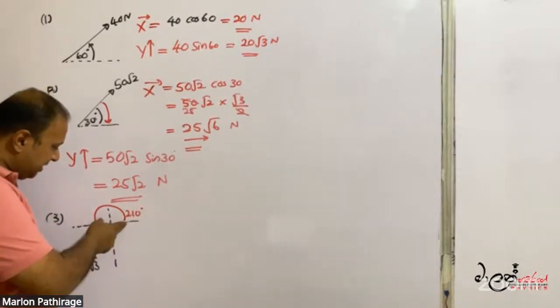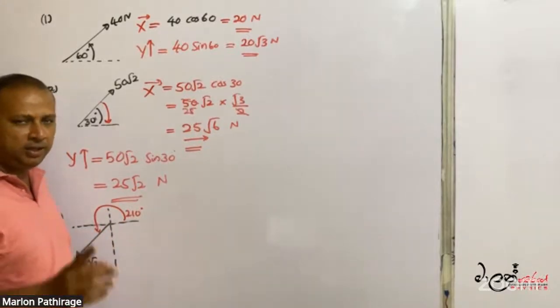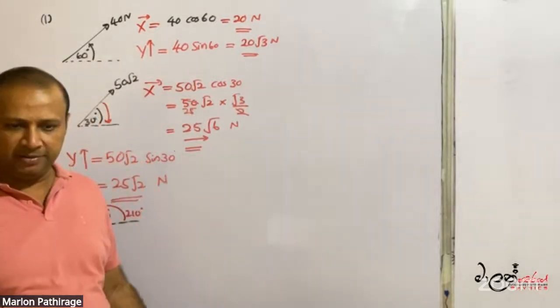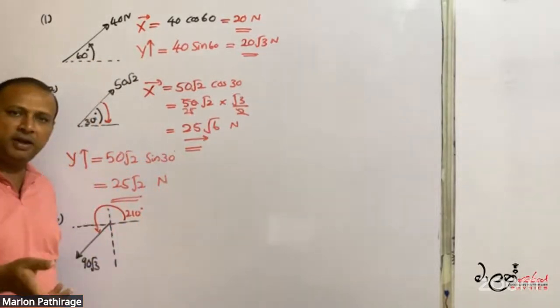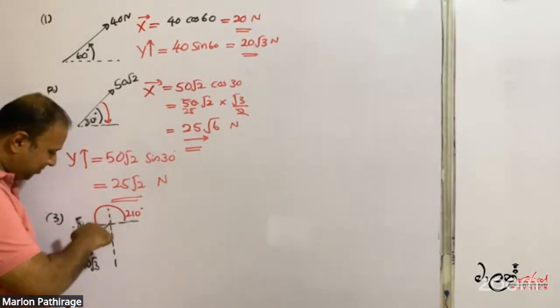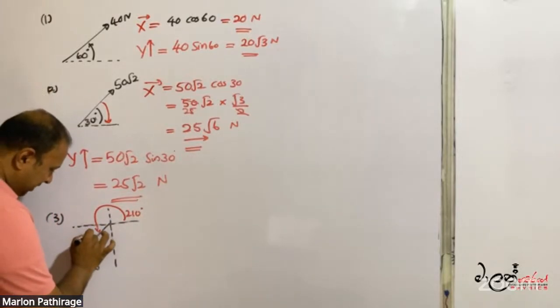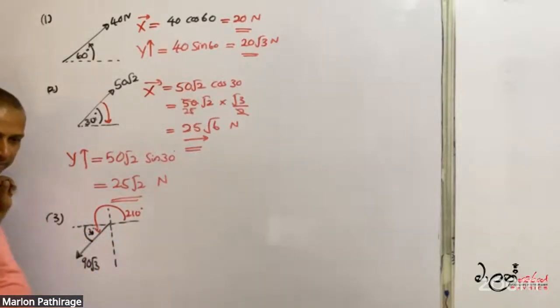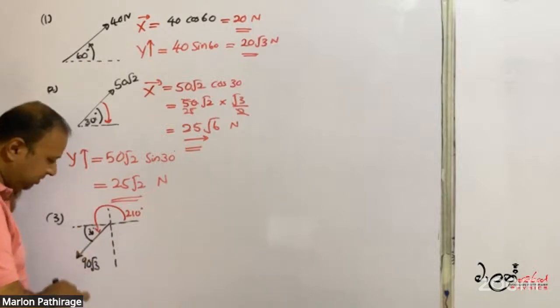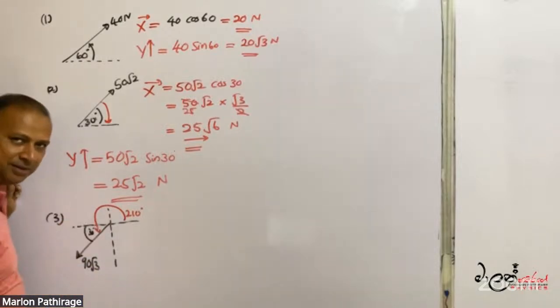So this angle is not the angle between the vector and the horizontal or vertical. Therefore, you have to determine the angle first. If it is 210, this should be 30. Therefore, first you have to determine this angle, then you can determine the direction.